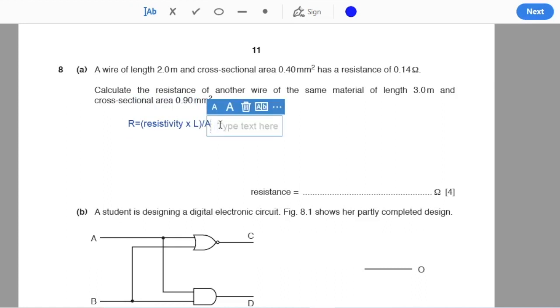Alright, so there is one quantity which will have to remain common since we are using two different wires of the same material, and that quantity is resistivity. So we'll make resistivity the subject of the formula.